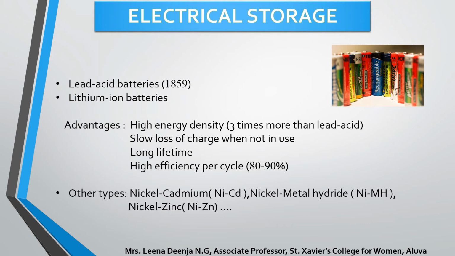Other types of batteries are nickel cadmium, nickel metal hydride, nickel zinc, etc. By adopting this method, battery powered electric cars can replace fuel cars in the very near future.